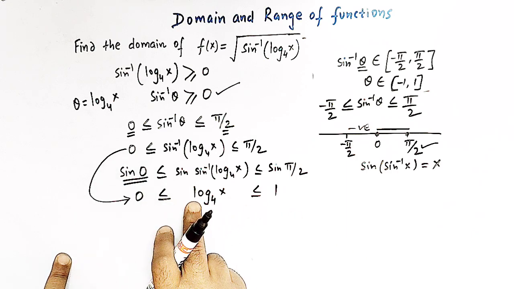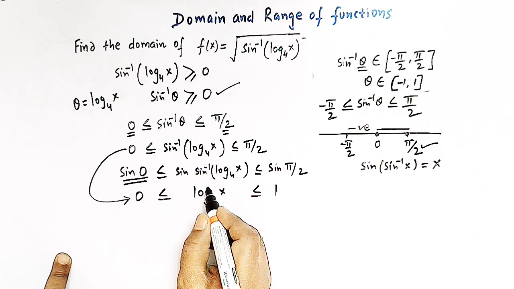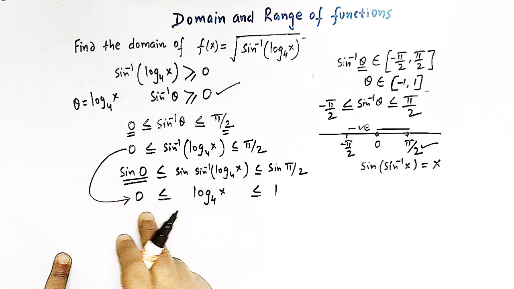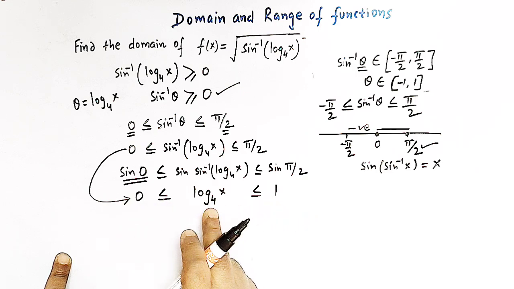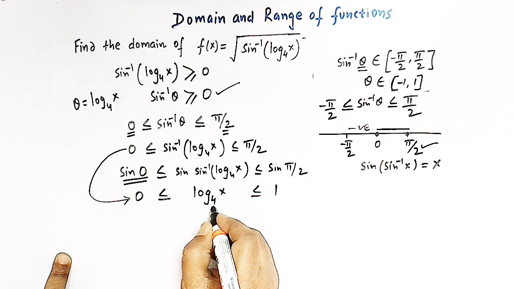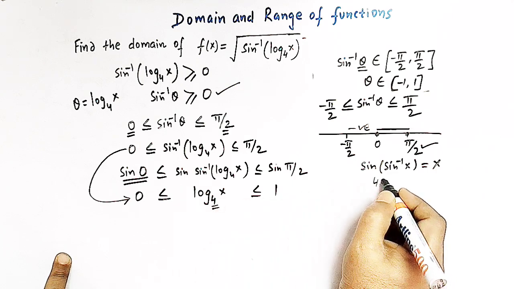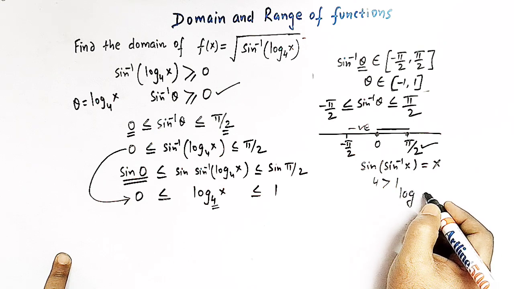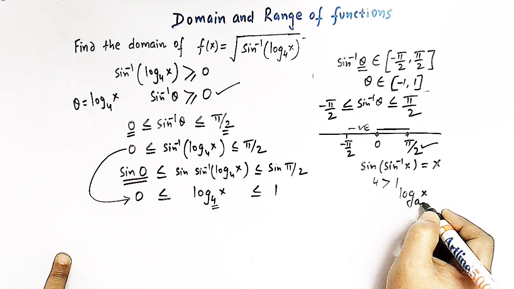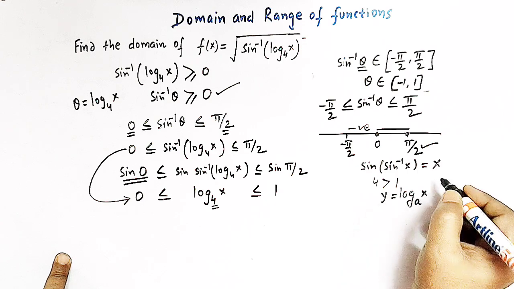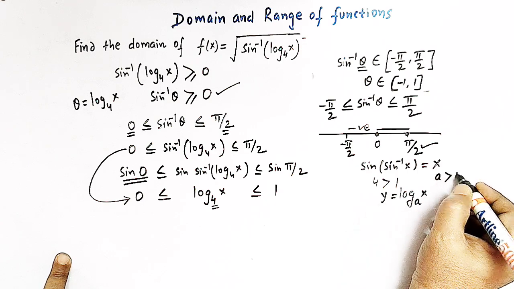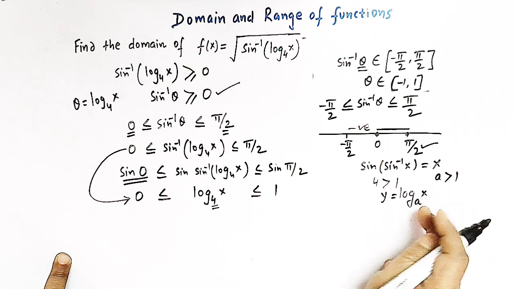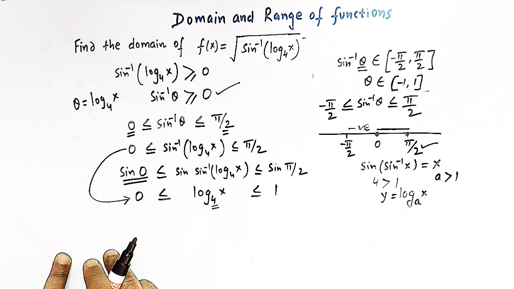Now we have to get rid of this log function, right? So what we will do is raise these three quantities to the power of this base, that is 4. And remember, 4 is greater than 1, and we know that for log of x to the base a, where a is greater than 1, this function is going to be an increasing function, right?